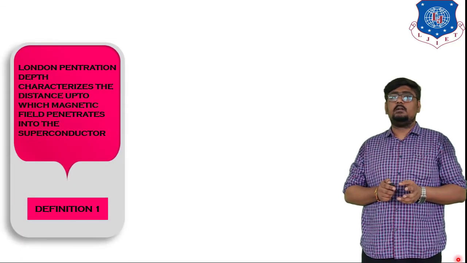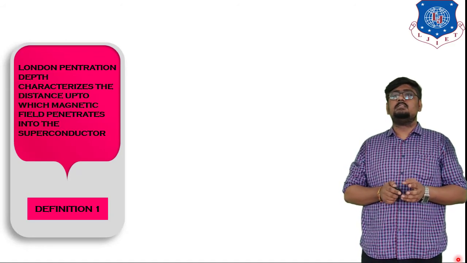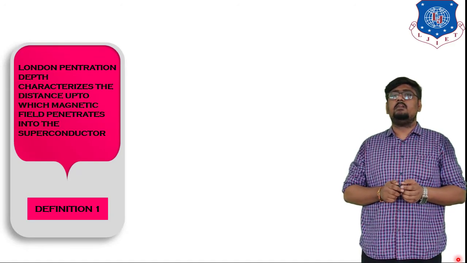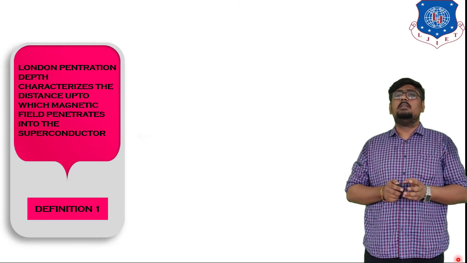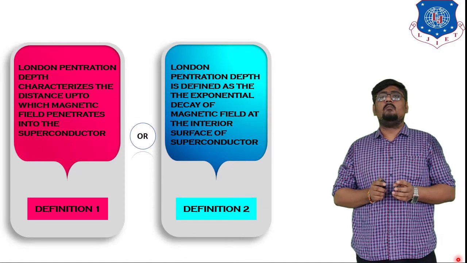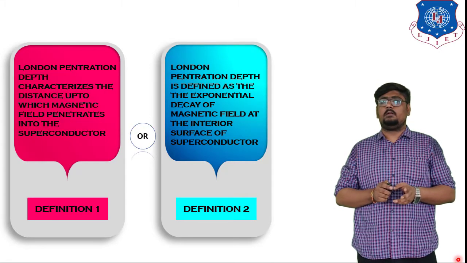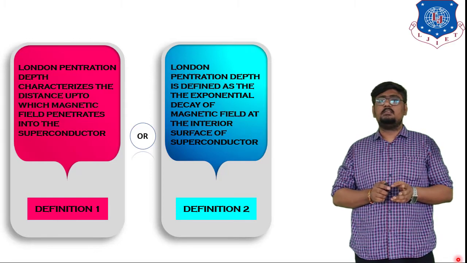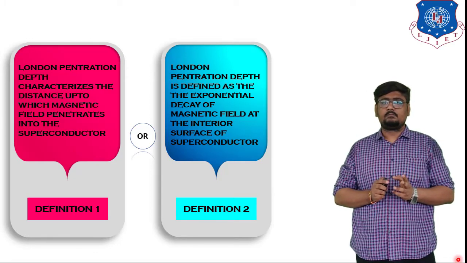So let us define it: in a superconductor, the London penetration depth characterizes the distance to which a magnetic field penetrates into a superconductor, or the exponential decay of the magnetic field at the interior surface of the superconductor. So this is the definition of London's penetration depth.